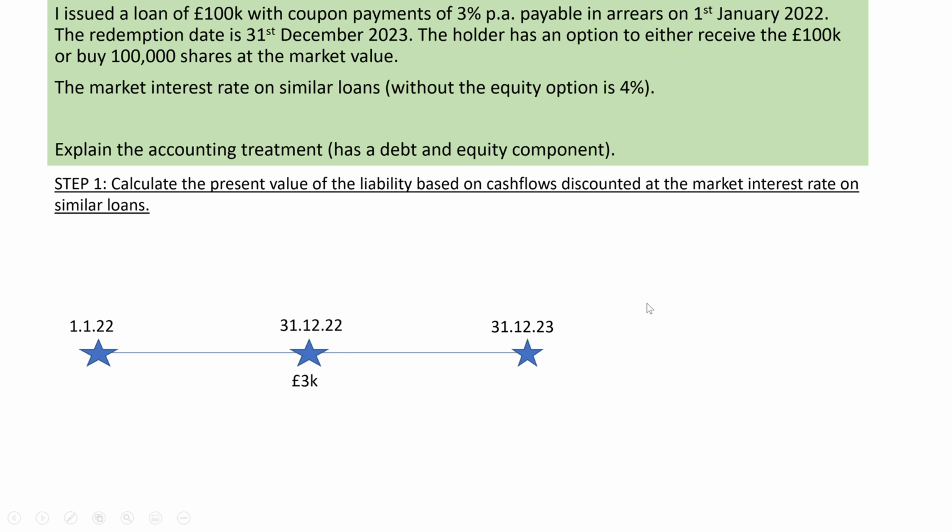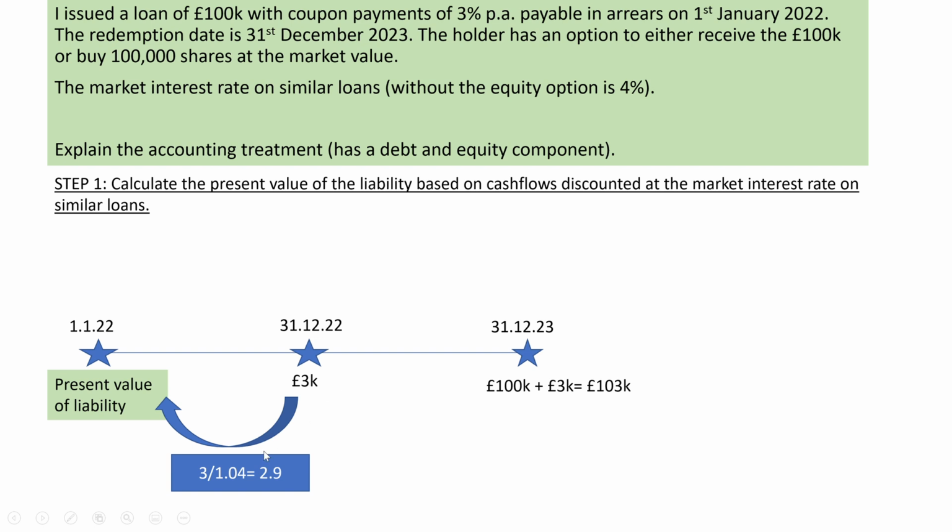So we measure the present value of the liability at this date. And how do we do that? Well, we discount it at 1 plus 4%, so 1.04. I just want to clarify this is 1.04 to the power of 1 because the distance between this date and this date is 1 year. So our present value of this 3k is 2.9k.